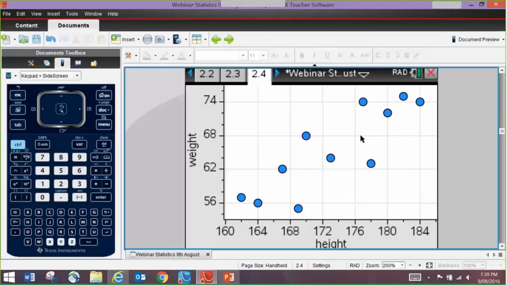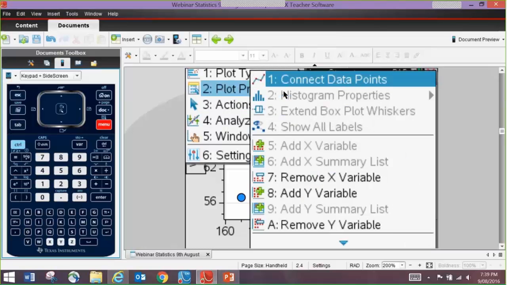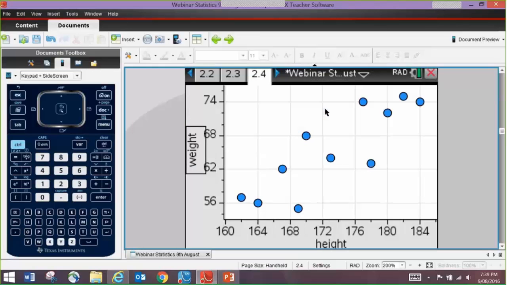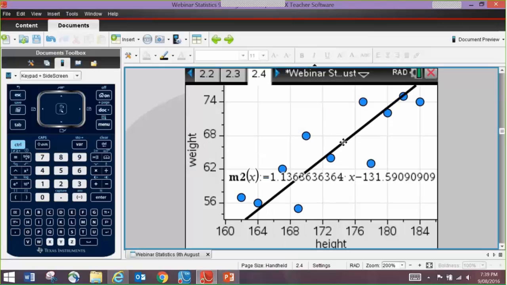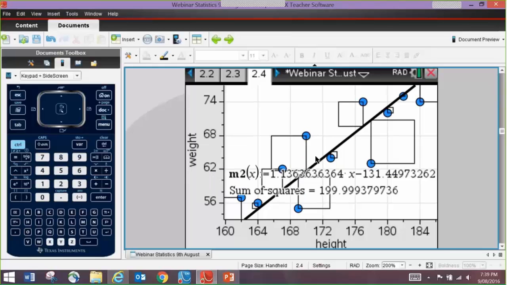So what we can do is go to Analyze Graph. I'm going to add a movable line. This would be something I do when I introduce statistics. On that movable line, so I can obviously move it, I can show the residual squares.